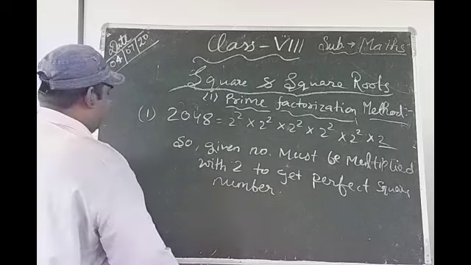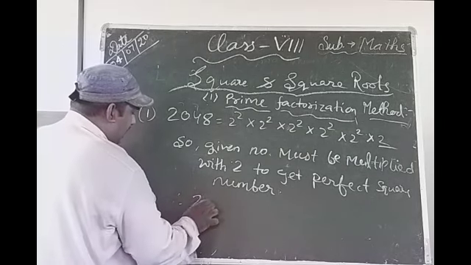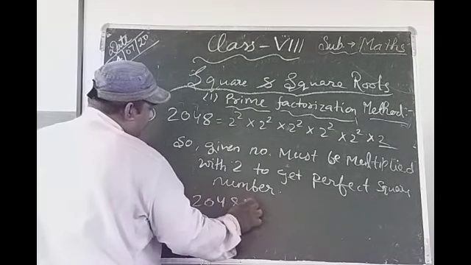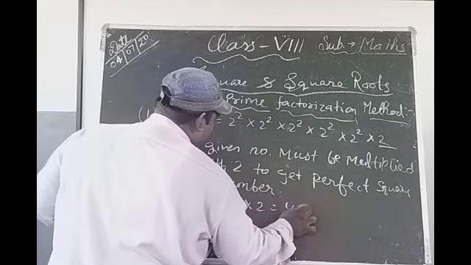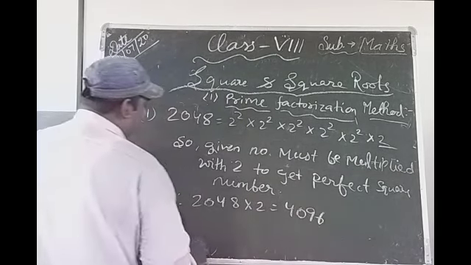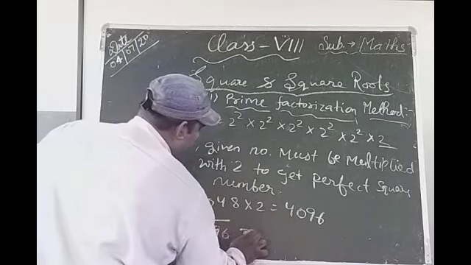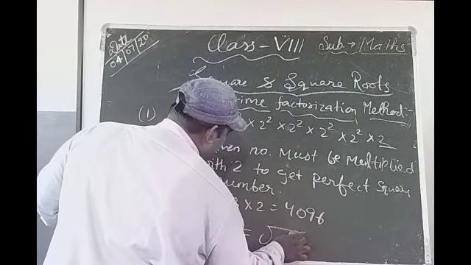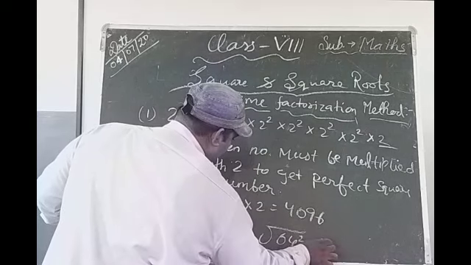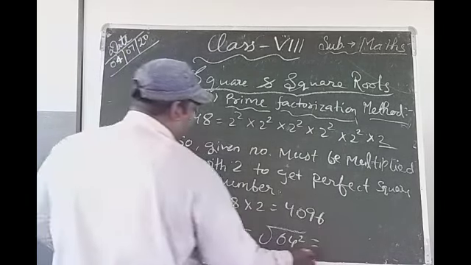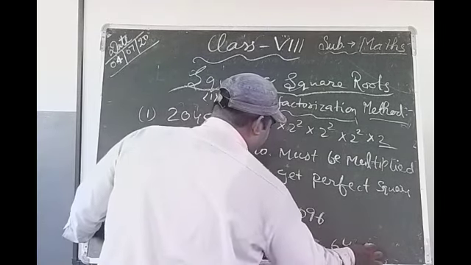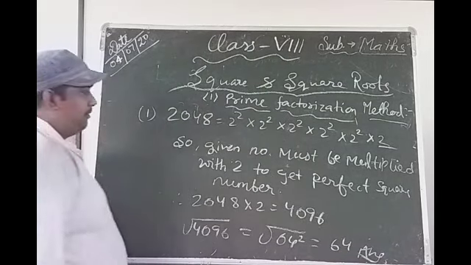So we write therefore 2048 into 2, that will be 4096. Now you have to also find the square root of 4096, that we have already found in the previous question, that it is the square of 64. So the answer is 64.